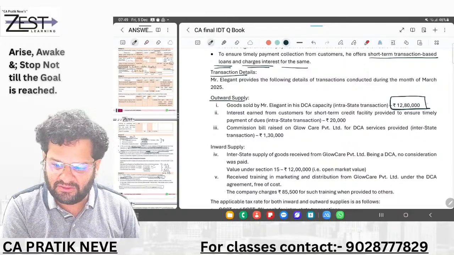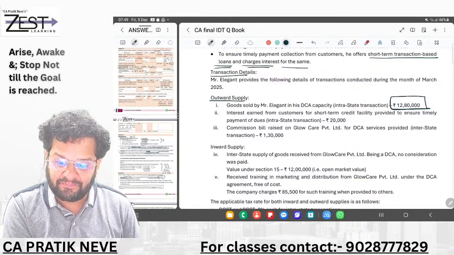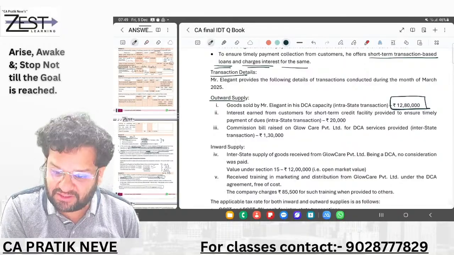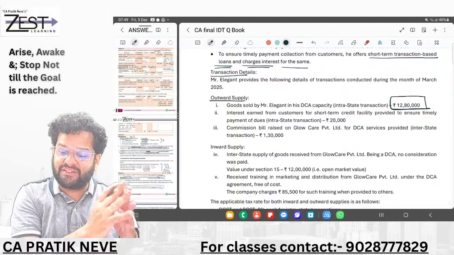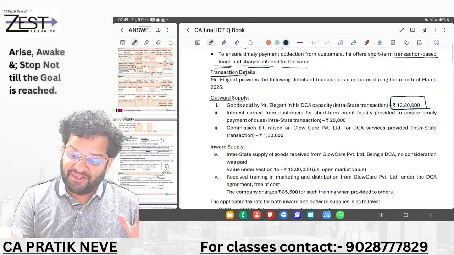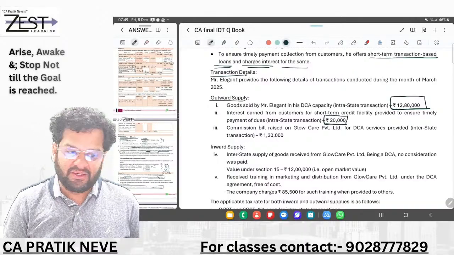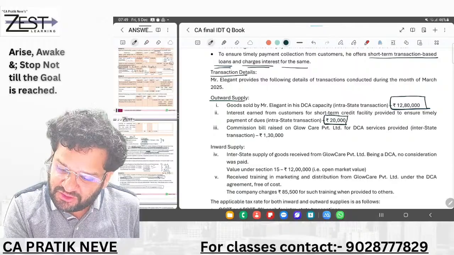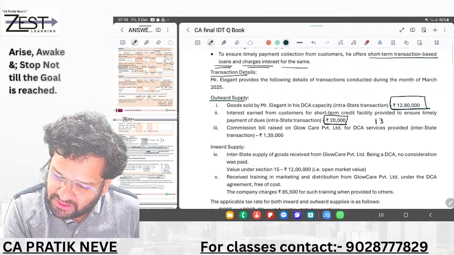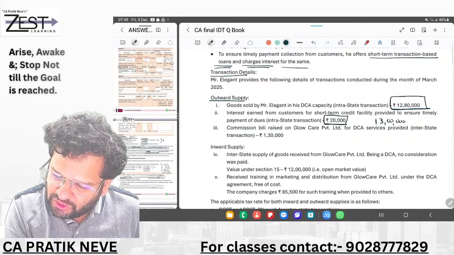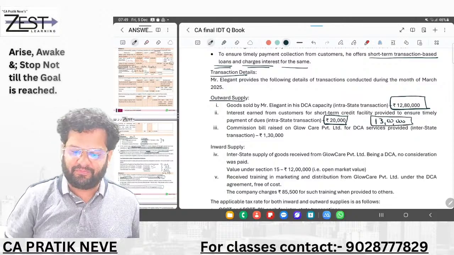So yes, this will be chargeable to GST. Interest earned from customers for the short-term credit facility, this will also be chargeable to GST, friends. So this 12.80 plus 0.20, that is totally 13 lakh, is going to be chargeable to GST.